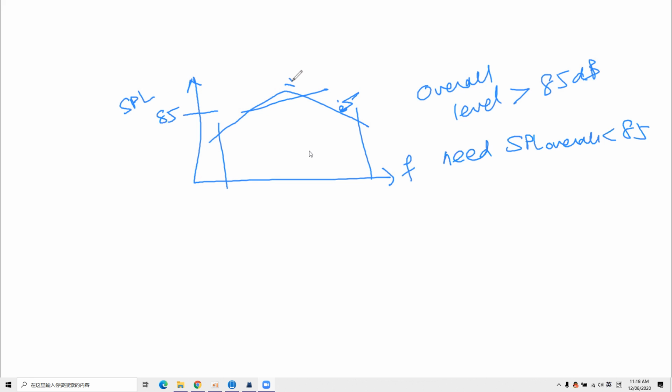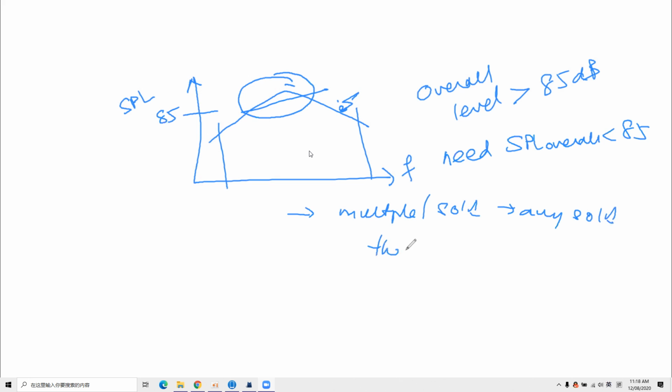What you need to do is aim at reducing the values which have exceeded 85. Yes, there will be multiple solutions, but any solution that gives an SPL overall less than 85 will be acceptable.